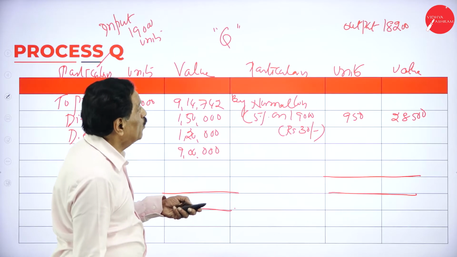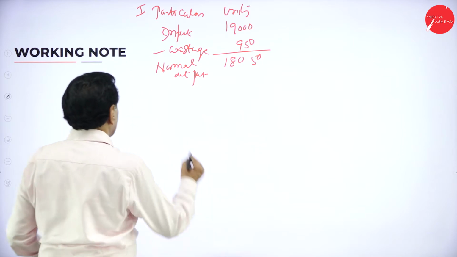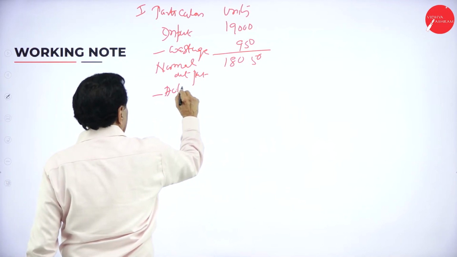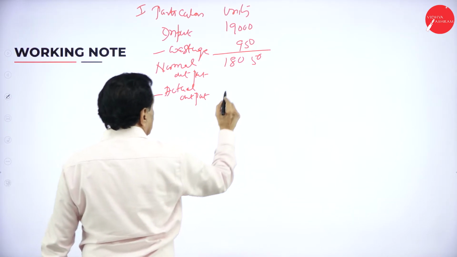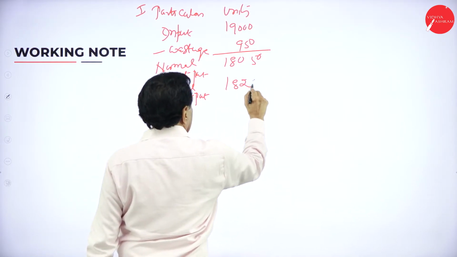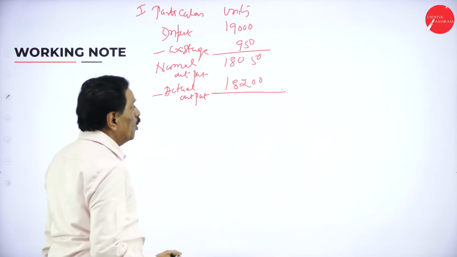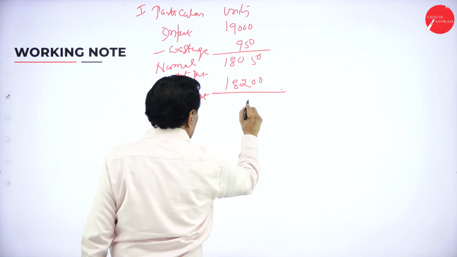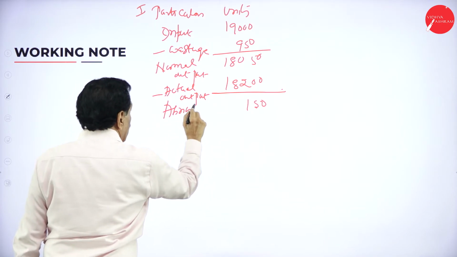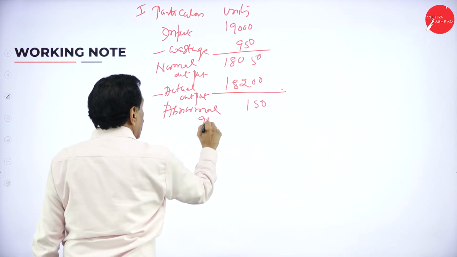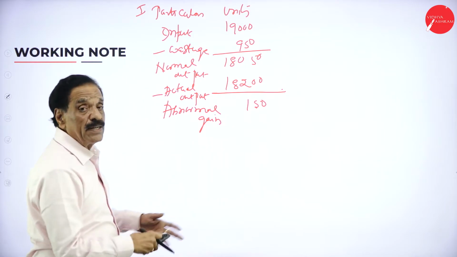But actual output is 18,200. How much more? 150 units more. Abnormal gain. Actually, you require 18,050.